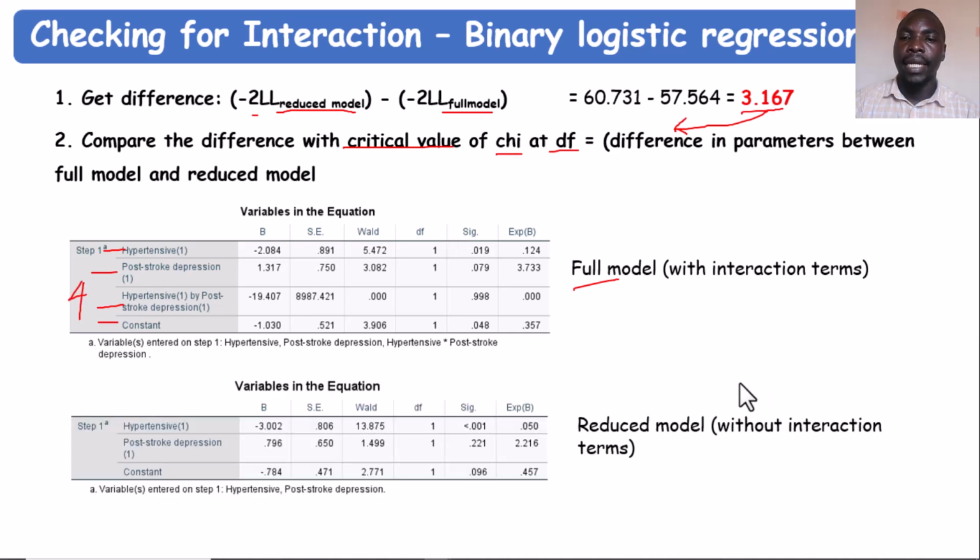If we look at the reduced model, the one without interaction terms, we only have this, and this. So these are 3 parameters. So we get the difference between the parameters. It gives us the degree of freedom.